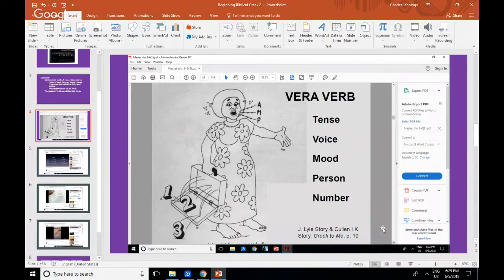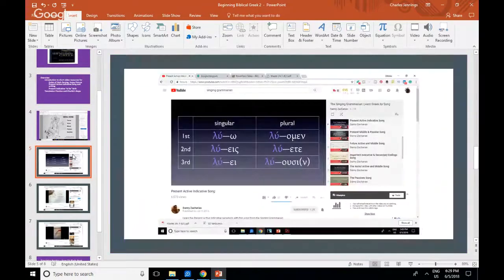Maybe that will help y'all, but that's the order that you do it in: tense, voice, mood, person, and number. Of course, you'll find other parsing systems that do it in a different order, but this seems to be helpful.